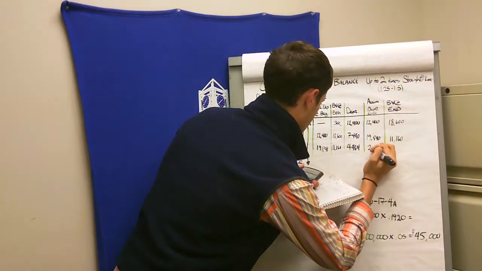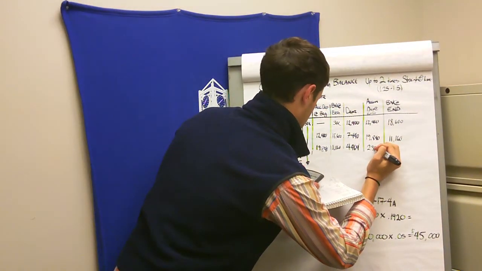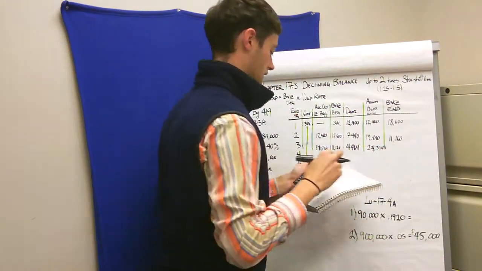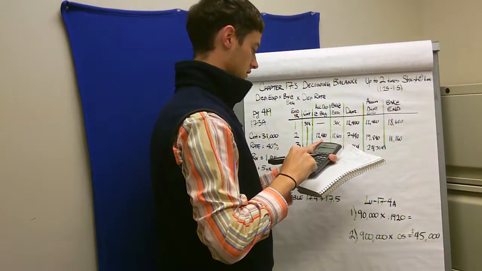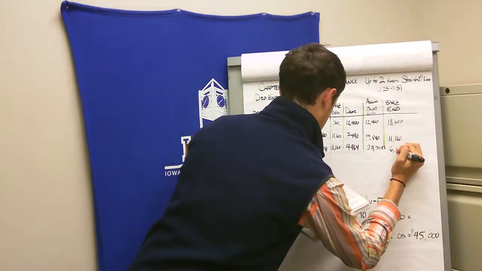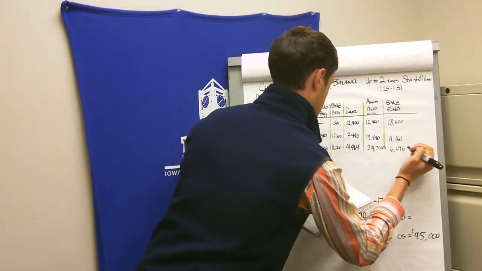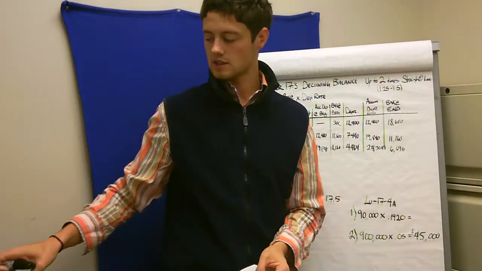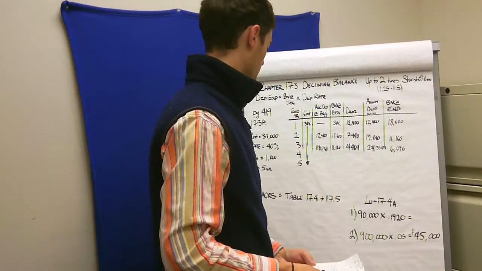So we have 24,304. Subtract that from 31,000. We've got an ending book value of $6,696. So you can continue on, but for this example, they have to stop at number 3.